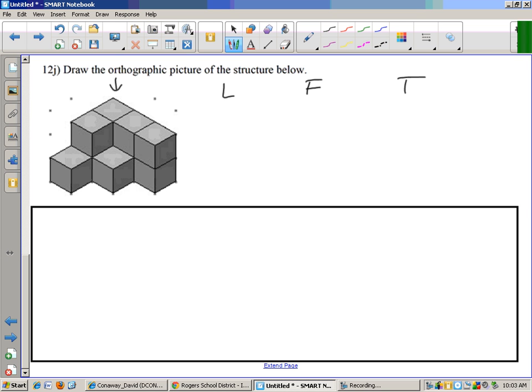I definitely see that shape right there. But I also still see these two blocks right here, even though they're set below, one of them goes there and the other one goes there. This is the shape I see from the top.